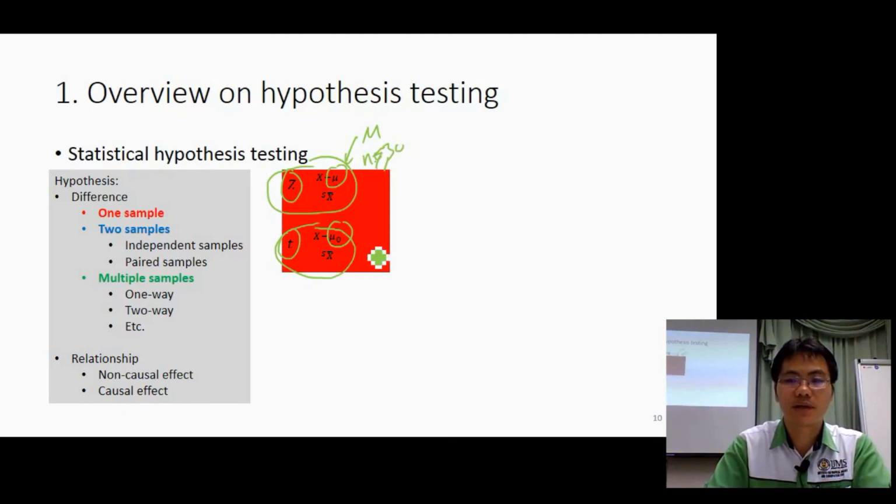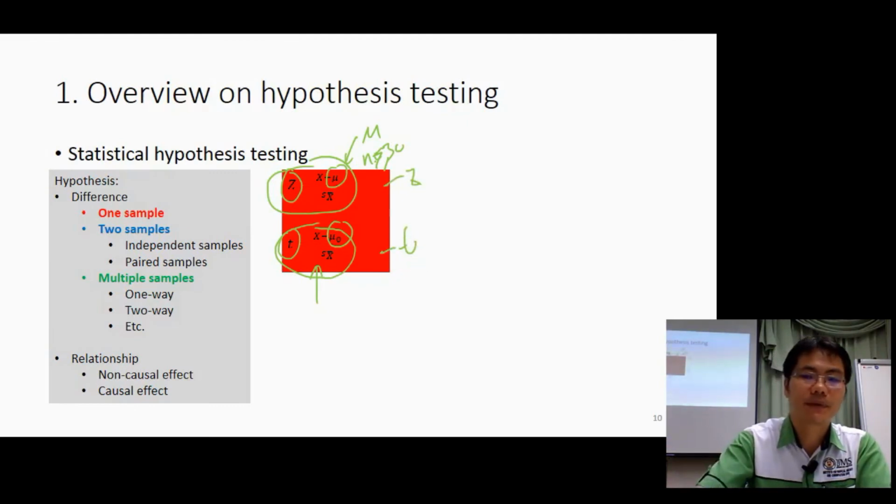If you have a smaller sample size, or if you don't know the population mean, you will use the one sample t-test. From the calculation point of view, it's very similar. The only difference is during steps number 2 and number 4 when you refer to the statistical table. For this one, you refer to the Z table, and for this one, you refer to the T table.